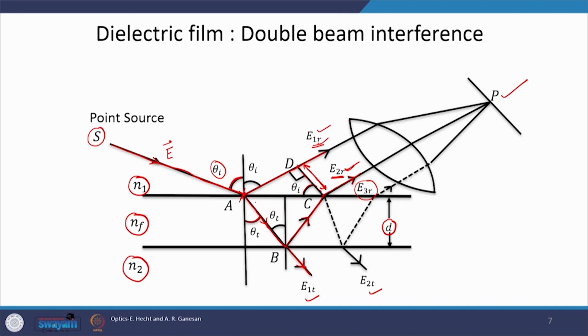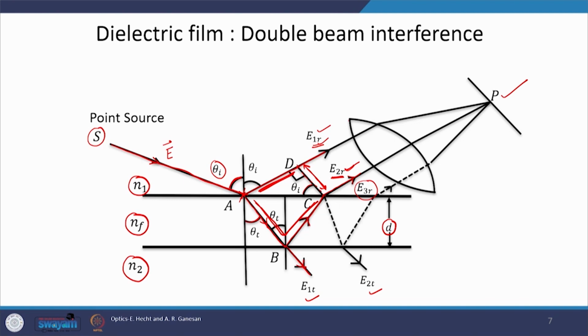Therefore, the path difference would be this length minus this length. We will have to calculate the length ABC, and this is the usual length, but if you want to find the optical path length, then we will have to multiply this distance by Nf. Similarly, we will have to multiply AD with N1 to calculate the optical path length for the first ray, which is the E1R ray.